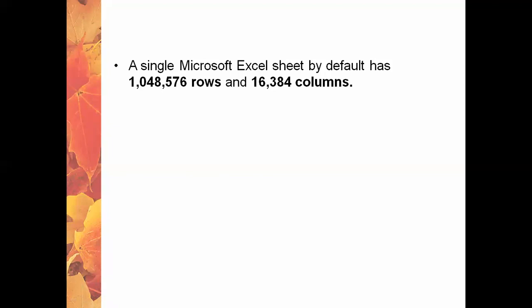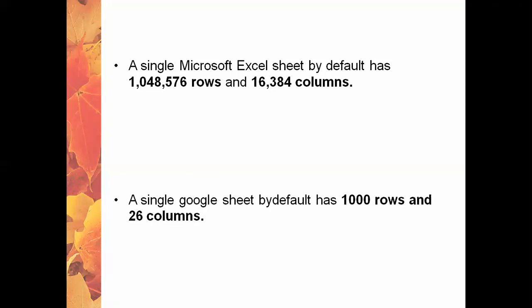In terms of data, Microsoft Excel is very powerful. In Google Sheet, a single Google Sheet by default has 1000 rows and 26 columns. So the Google Sheet is a little bit less powerful, but you can do everything what you want to do with Microsoft Excel.